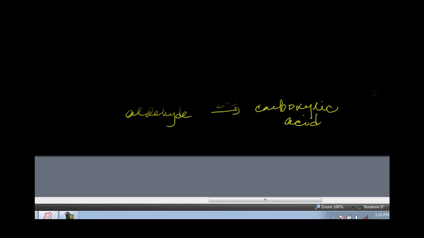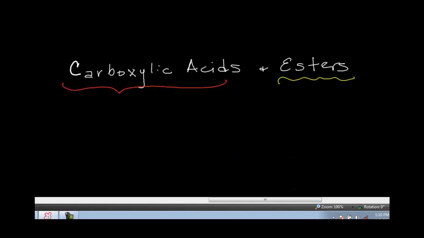What are the reagents necessary to form an ester? A carboxylic acid and an alcohol. Okay. So we're already done remembering what carboxylic acids are, and now we are going to form an ester, reacting a carboxylic acid and an alcohol.